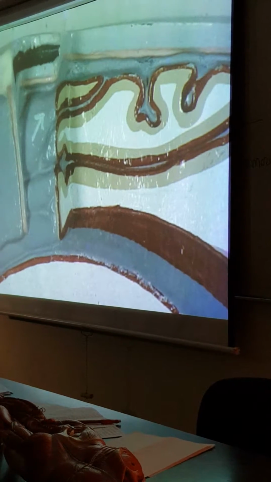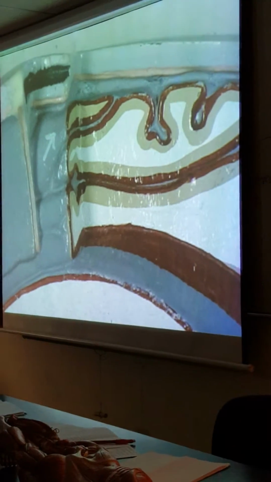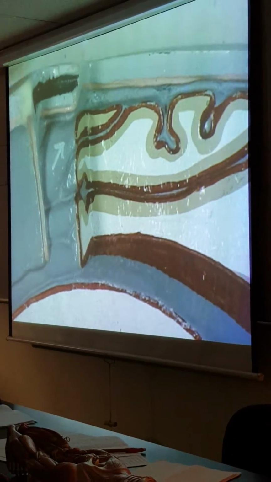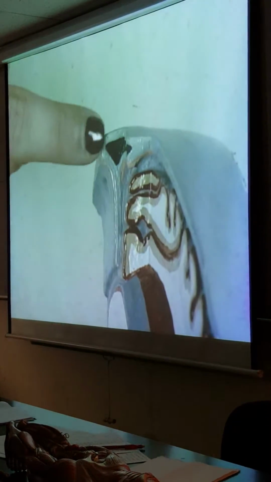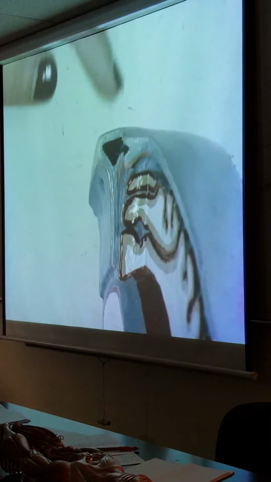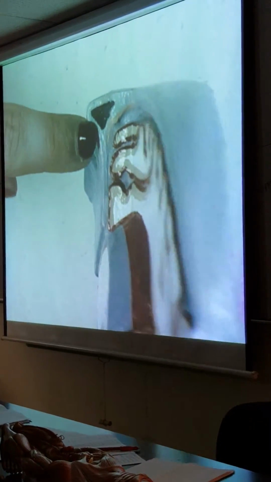In areas where the periosteal layer and meningeal layer of the dura mater separate, does this picture look familiar to you guys, that we drew in class? How we drew the layers and how we had a dural sinus in between the periosteal layer and meningeal layer? Yeah? Kind of? Anybody out there? Yes? Okay. So this is a dural sinus.